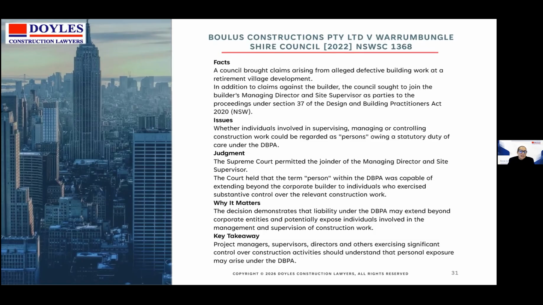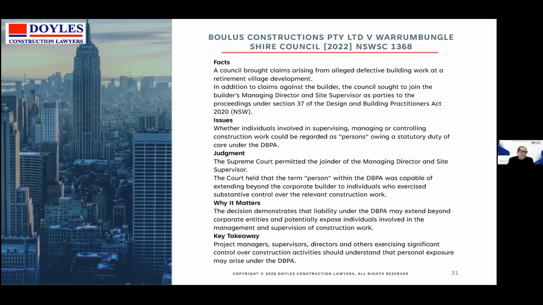So what this case shows is liability can reach individuals, the courts allowing the managing director and the site supervisor to be joined as people who controlled the work. Now, traditionally, many participants assume that liability would solely rest with the contracting party. But what Bolus demonstrates is the courts are willing to look beyond the corporate structure and examine individuals who actually exercise control over the work.